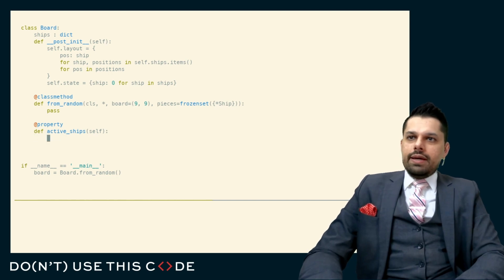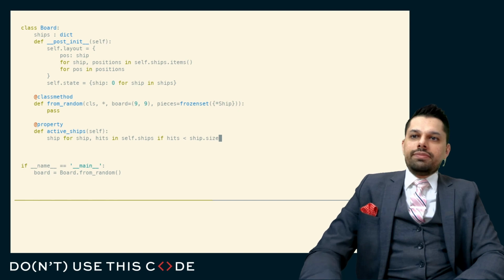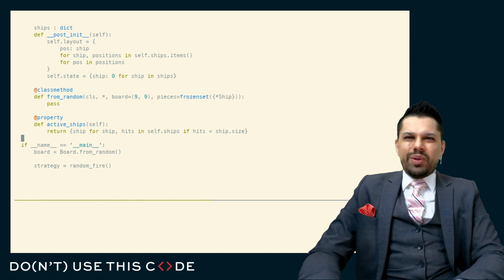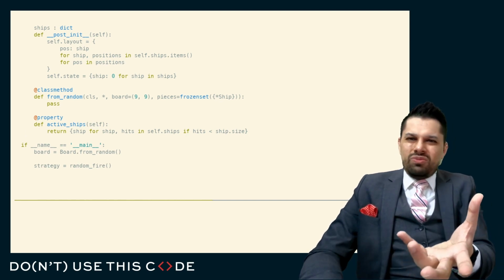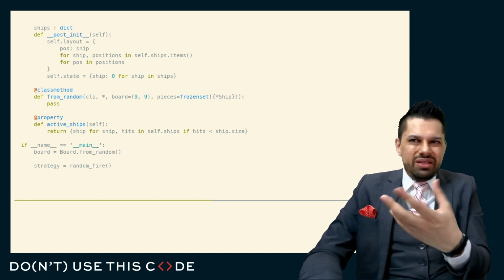Here I might say this is ship for ship in self.ships, if, and this is the hit points for the ship, or the destroyed sections, so this is the hits, if the hits are less than the ship's size. One thing you can see here is I could have written that as a generator expression, but it's a very small size of things that I'm almost certainly going to materialize immediately, so it doesn't really matter.